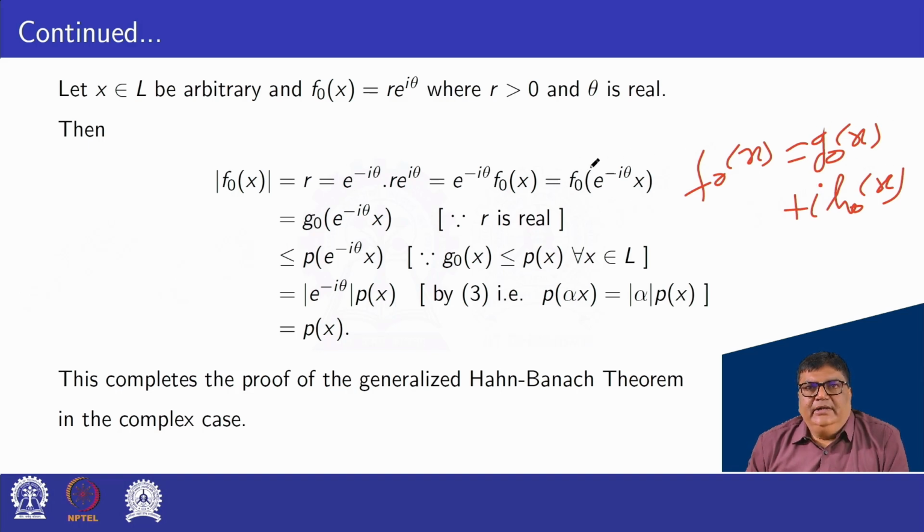So we can write f0(e^{-iθ} x) as g0(e^{-iθ} x).